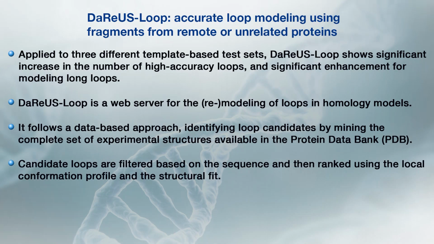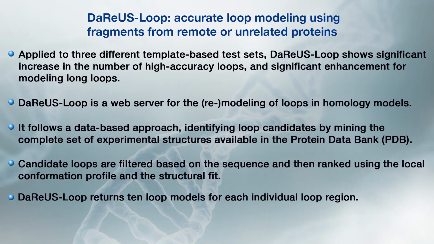Candidate loops are filtered based on the sequence and then ranked using the local conformation profile, and the structure fit is obtained. DAR-AS loop then returns 10 loop models. So, as per the criteria, it gives 10 loop models for each individual loop region.